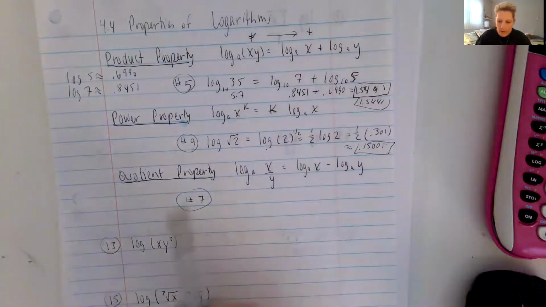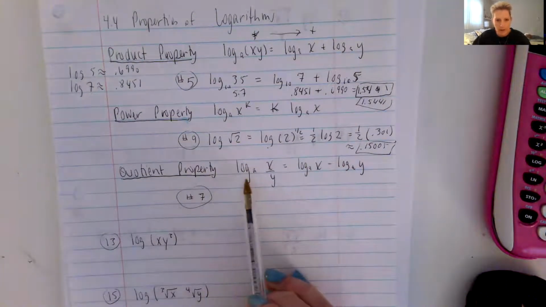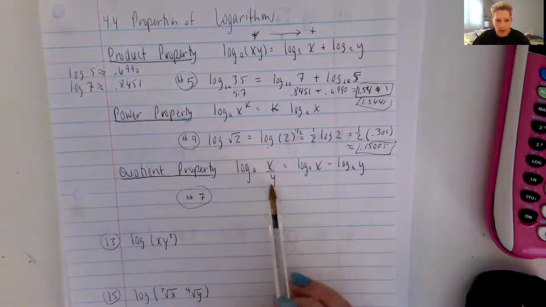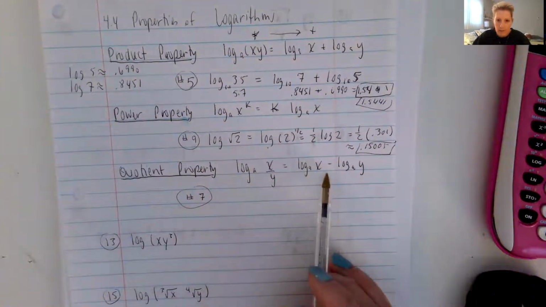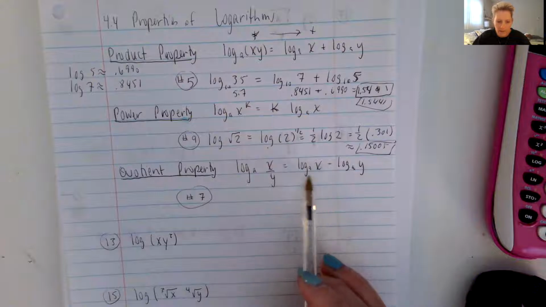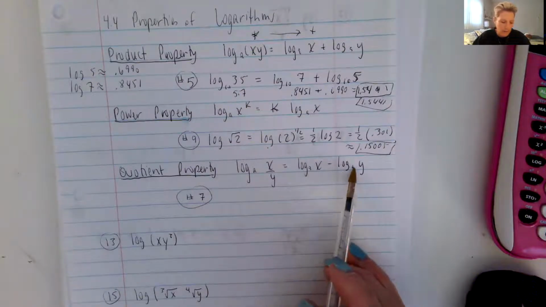And the third property we're going to work with today is the quotient property. The quotient property says the log base a of this quotient of x divided by y can be broken apart as a subtraction, a difference. So the log base a of x minus the log base a of y.